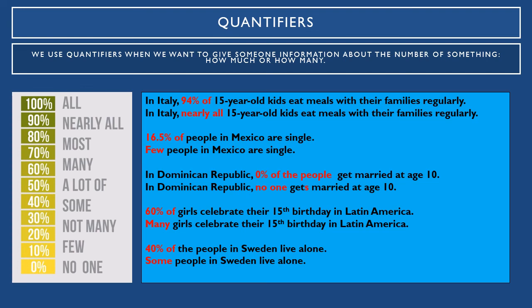Another way to say it is many girls celebrate their 15th birthday in Latin America. And the last one, 40% of the people in Sweden live alone. Another way to say this is changing 40% of for some, because if you check, 40% is close to some. So we say some people in Sweden live alone.